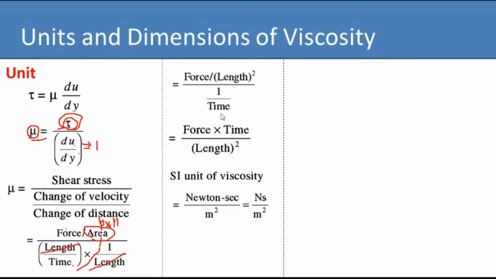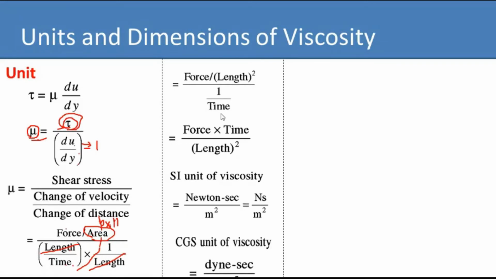So the unit of absolute viscosity is Newton second per meter square. So in SI system, the unit of absolute viscosity, or simply viscosity, is Newton second per meter square. In CGS system, the unit of force is dyne, and the unit of area is centimeter square.